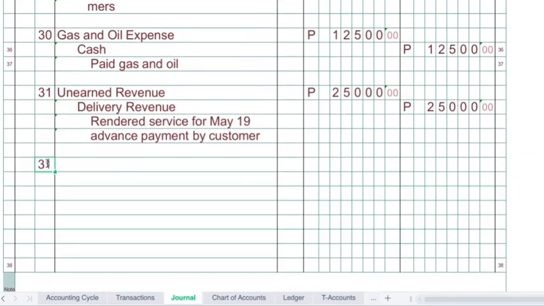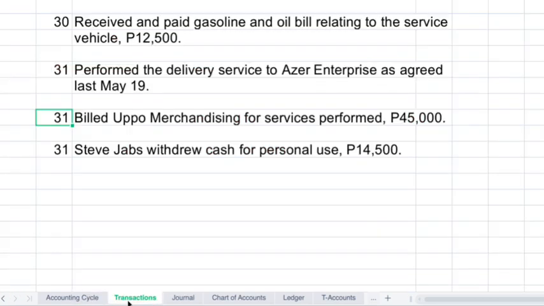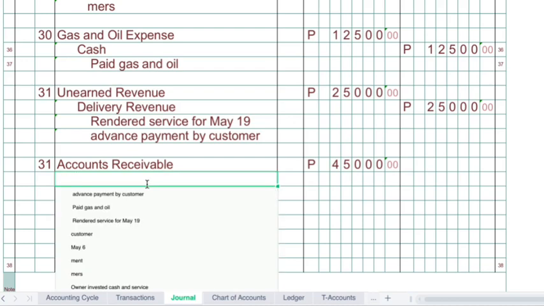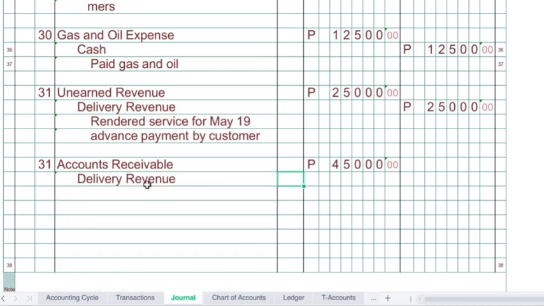Okay, so May 31, so we'll have accounts receivable, $45,000. And then we'll have delivery revenue, 45,000.